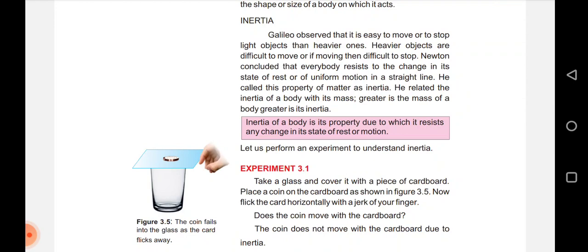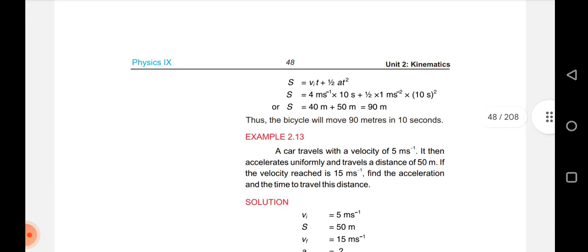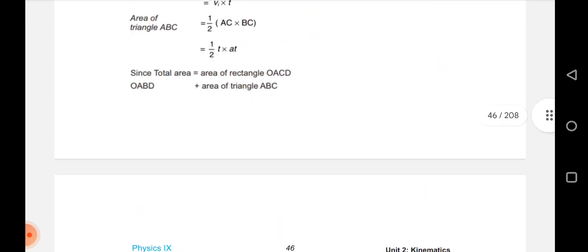Newton concluded that every body resists a change in its state of rest or of motion in a straight line. He called this property of matter inertia. He related the inertia of the body with its mass. Greater is the mass of the body, greater is the inertia.